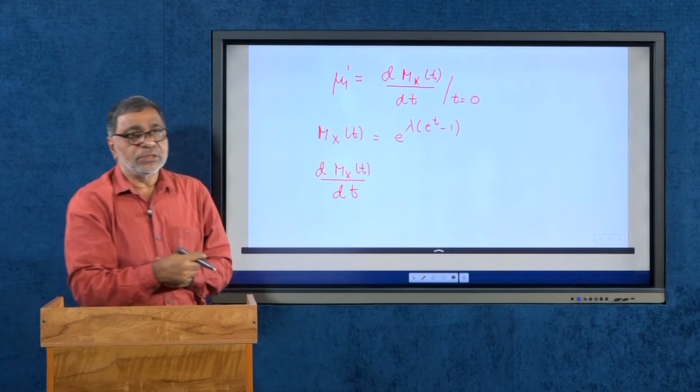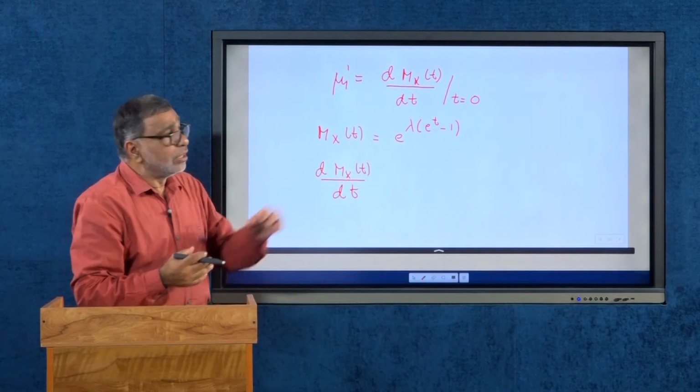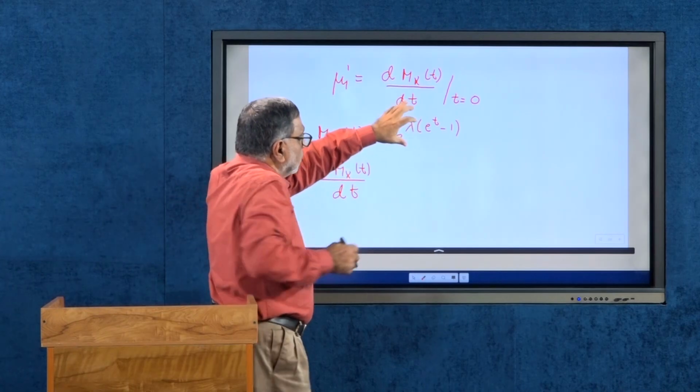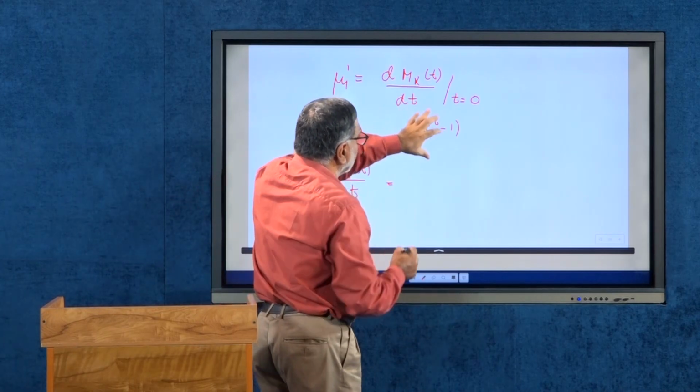You are differentiating this moment generating function with respect to t. This is an exponential function, so use the derivative of an exponential function. This is a function of function rule.